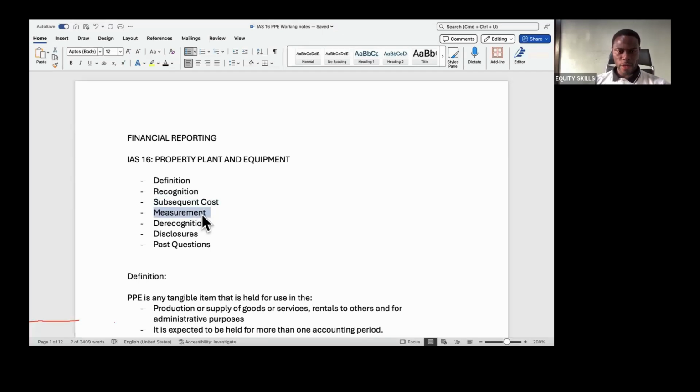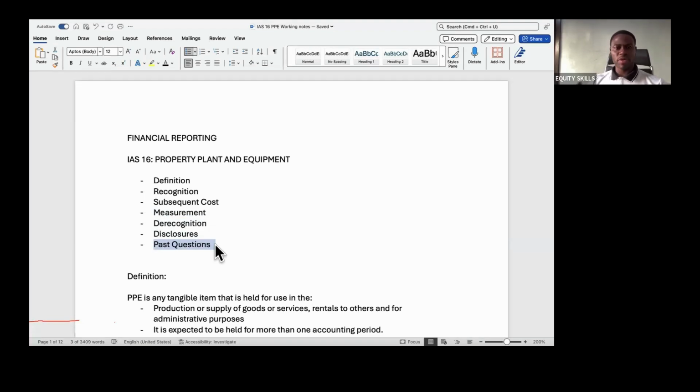So we just need to round up a few things on measurement today. Then I go to the recognition and disclosures very quickly. Then we'll start solving questions, right? Let's see how many questions we can solve today. If we can't finish solving everything today, we can always continue solving next week.